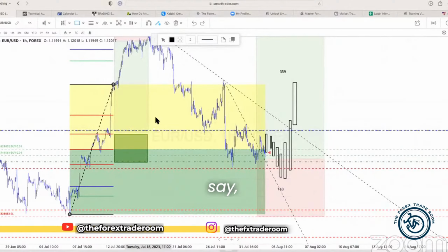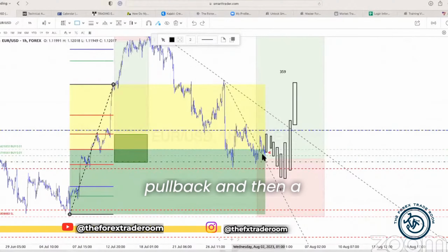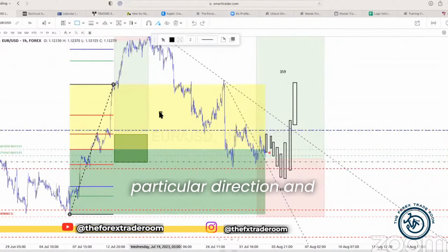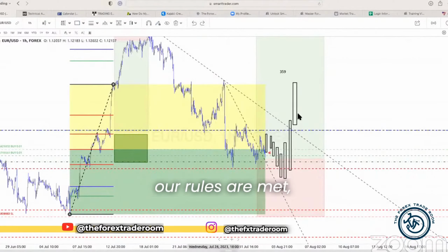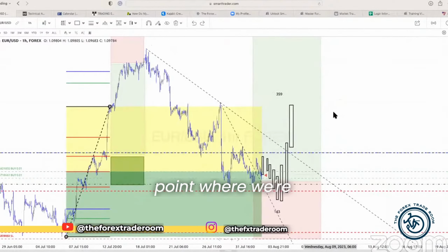Because if you were to say, okay, I want a break, a pullback, and then a break of the cloud, you have 3 forms of confirmation because we're unsure of where the market is. So we add additional confirmation on top of that. But if we have a bias and we're looking at price moving in a particular direction, and our rules are met, we have to get to the point where we're pulling the trigger.